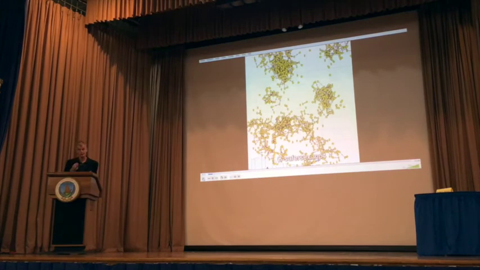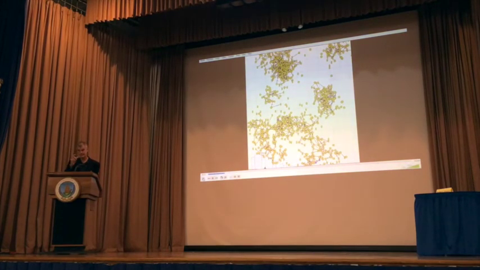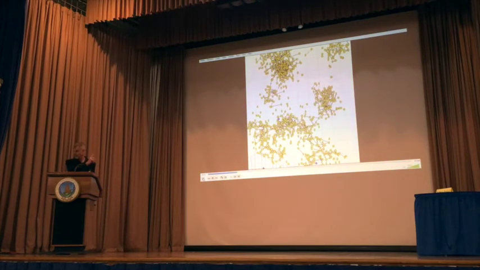Then both partners are tested, and if they test different, they keep on using the condom. But if they're both negative or both positive, they stop using the condom. And that's this strategy here.